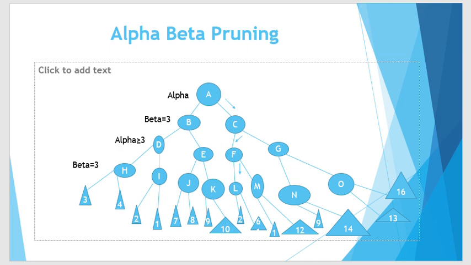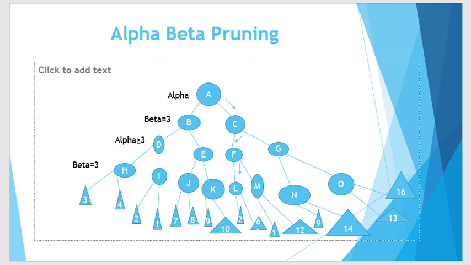Because we are talking about min here, the min value of this node is 2. The min value of this node will be either 2 or less than 2.